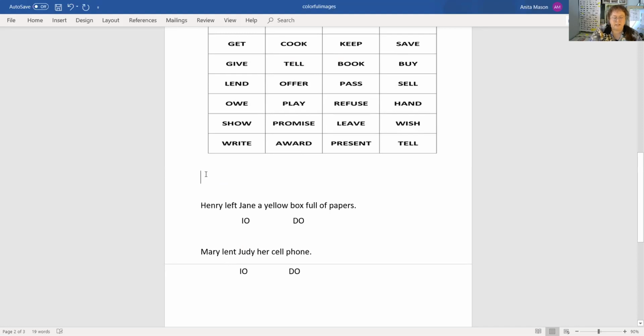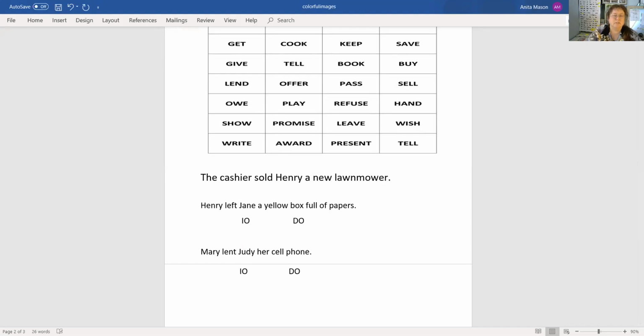So let's say the cashier sold, let's do Henry again. Sold Henry a new lawnmower.